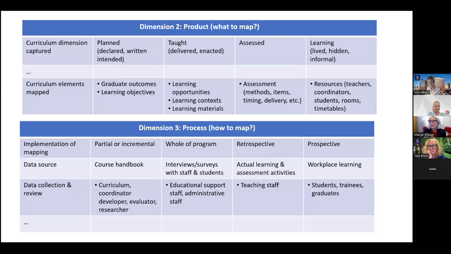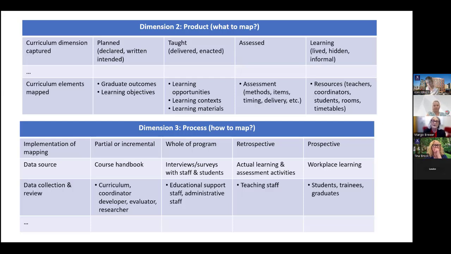Do you want to map out what's assessed, or do you want to map out some of that lived or hidden curriculum, the informal learning? And recently, in preparing an accreditation submission in my own university, we used that to map out the standards for our profession, and it was really helpful. And so you're looking again, what do we want to map? You know, different elements of the curriculum.